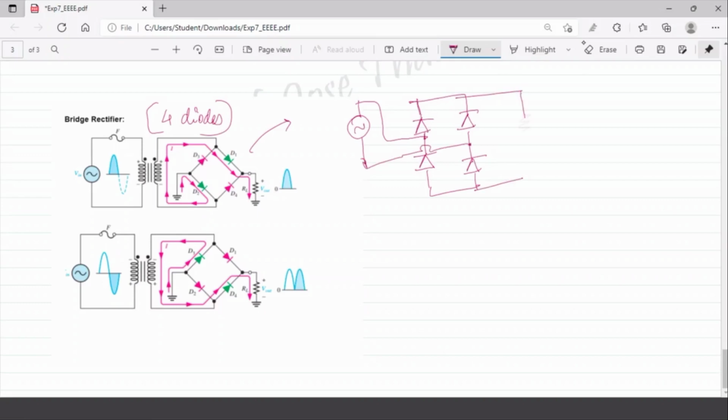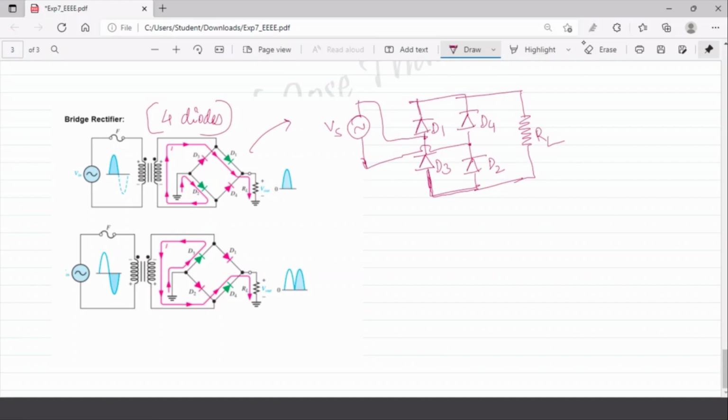This is the load resistance, RL. So this is your source voltage, and as per this diagram, positive is connected to the anode of D1 and this is D3. The cathodes are connected to D2 and D4. So D1, D2, D3 and D4. These two are basically equivalent circuits.